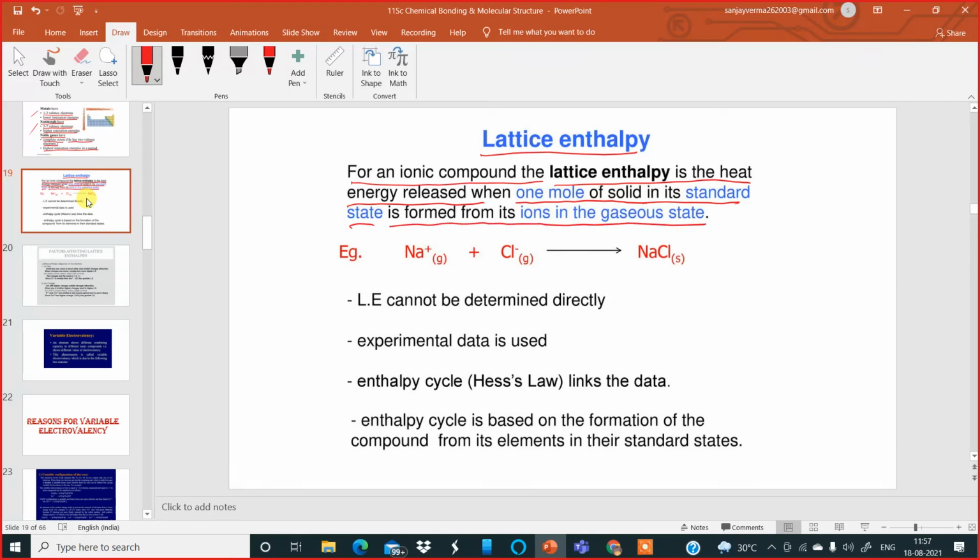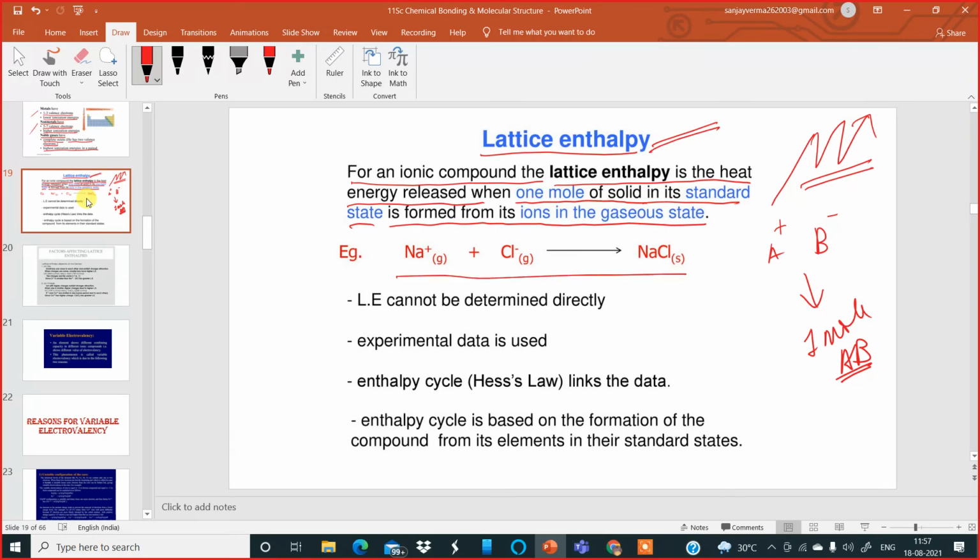So the ions in the gaseous state combine to form 1 mole of that substance, which results in heat energy being given out. That heat energy given out when the ions combine to form 1 mole of the solid substance in its standard state is called lattice enthalpy or lattice energy.